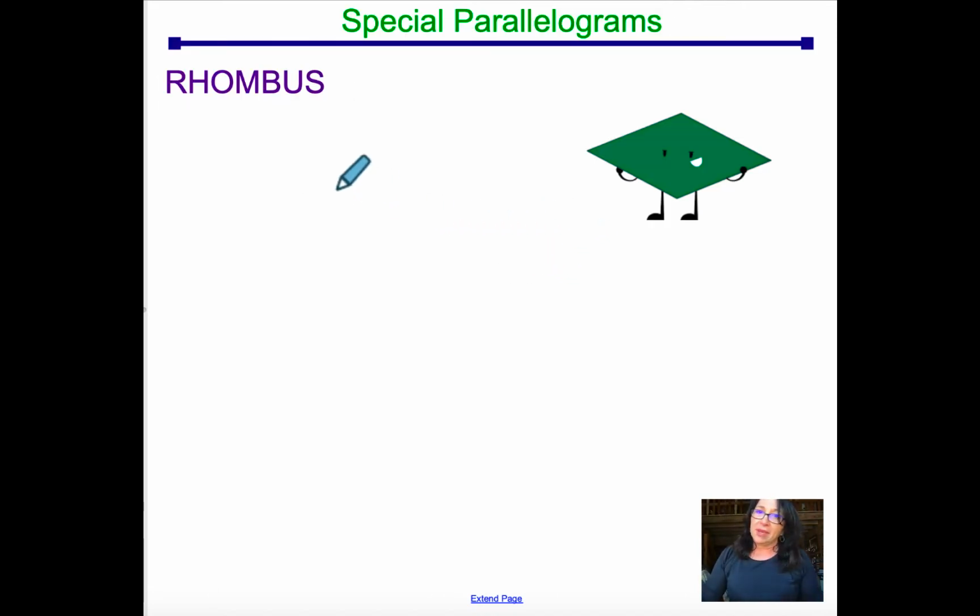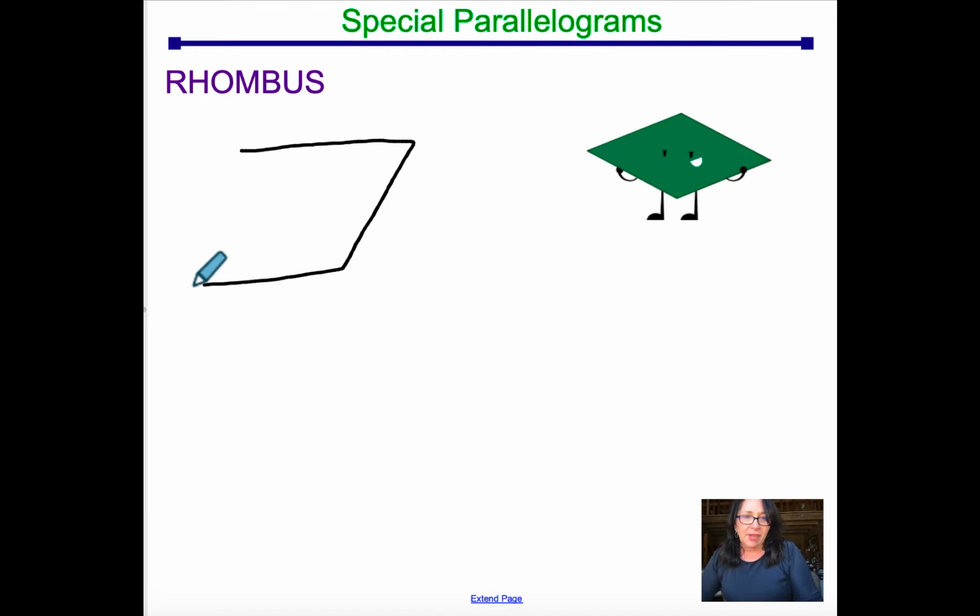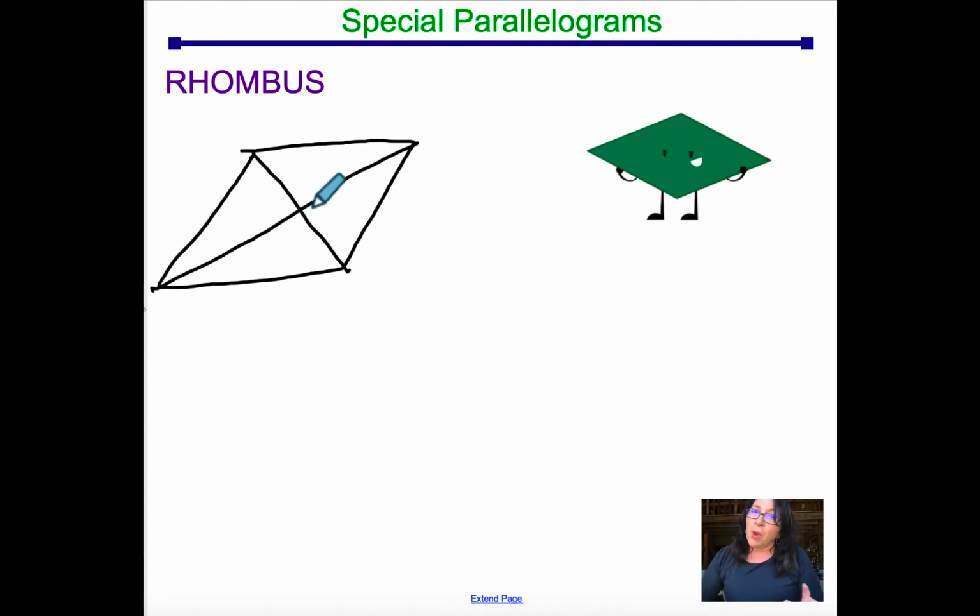Now, a rhombus also has additional characteristics beyond the 5 that it has. So a rhombus does have diagonals that bisect each other. Yes, but unlike the rectangle, they are not congruent. What they are, though, are perpendicular.